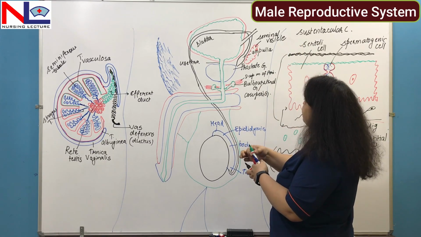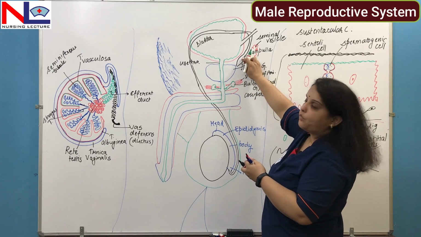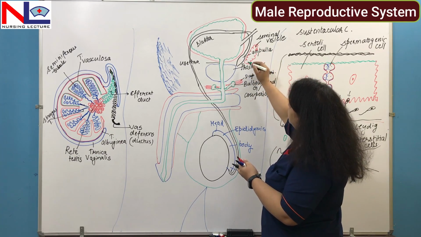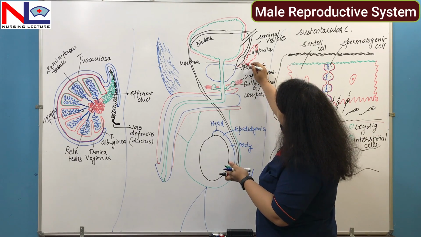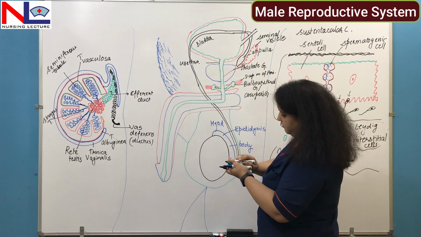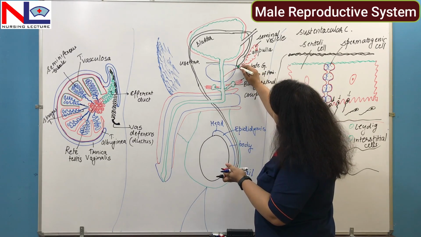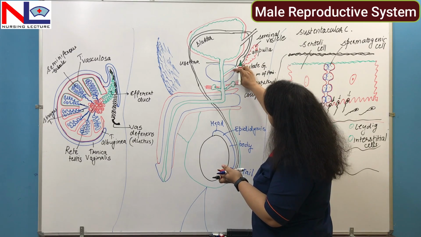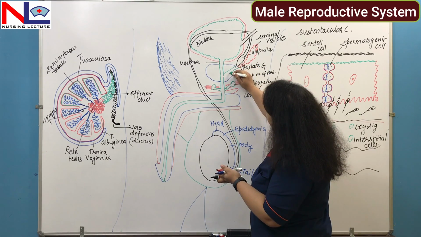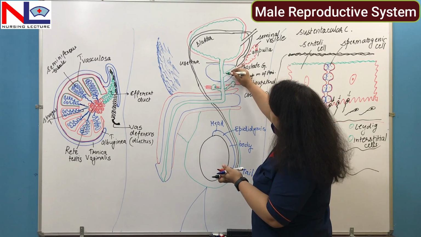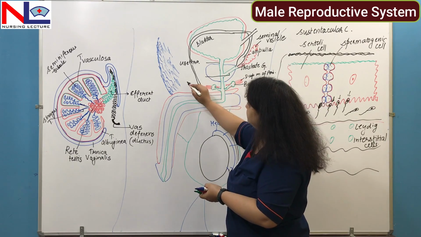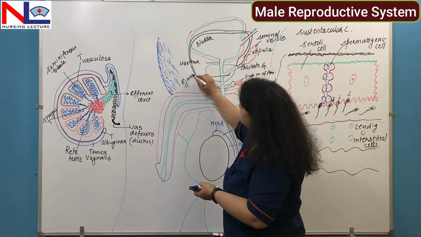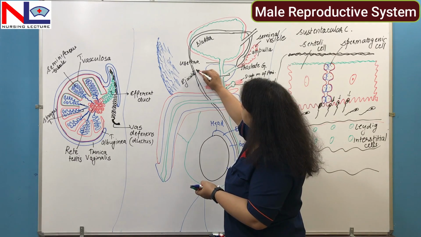The dilated portion of the vas deferens and the duct of the seminal vesicle merge together here and form a common duct that connects with the urethra, called the ejaculatory duct.